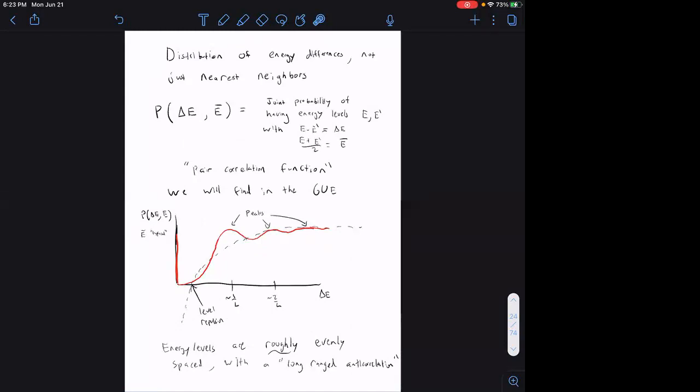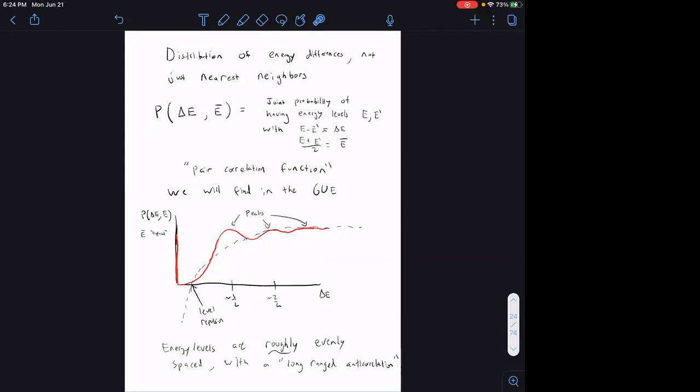We can describe this distribution as P of E bar and delta E. That's saying if you have energy levels E and E prime, this is the probability of having them spaced by delta E with their average energy being E bar. In this Gaussian unitary ensemble, we'll make some statements about how to find this function, and I've plotted it below.